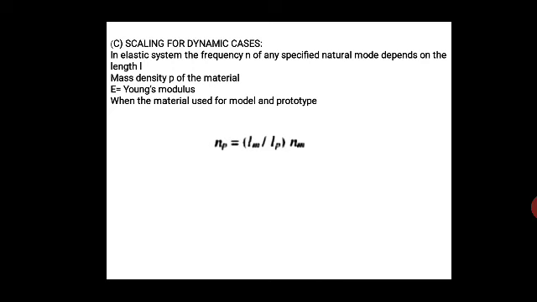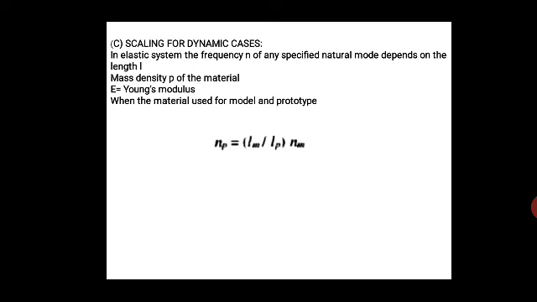which will be dependent upon the frequency when the same material is used for model and prototype. Then the natural frequencies can be determined, where Np is the natural frequency for the prototype that depends upon Lm by Lp into Nm, where Nm is the natural frequency of the model.